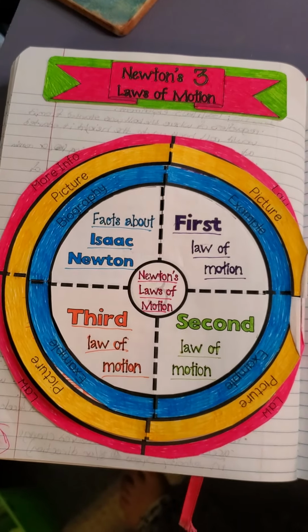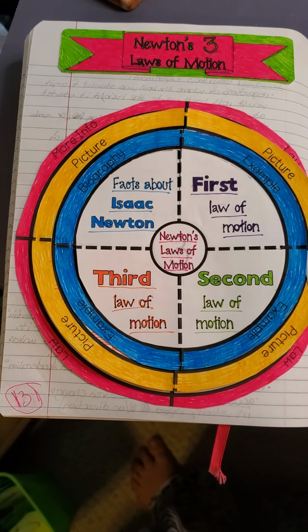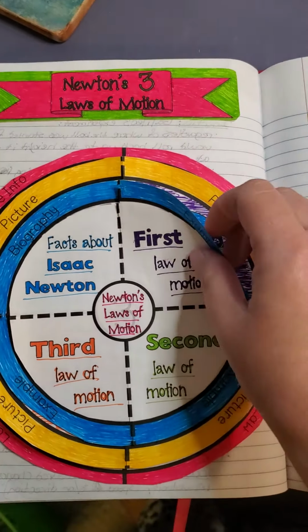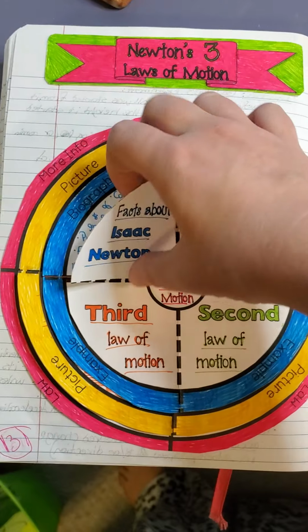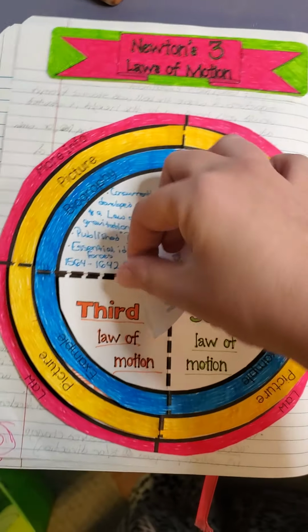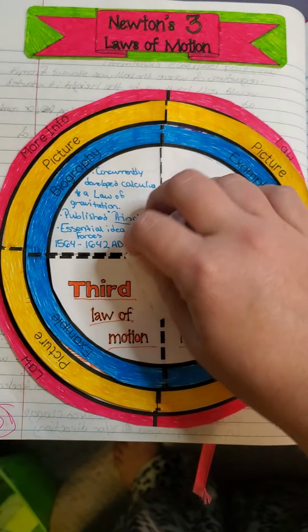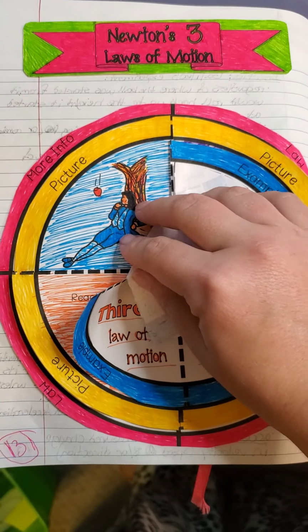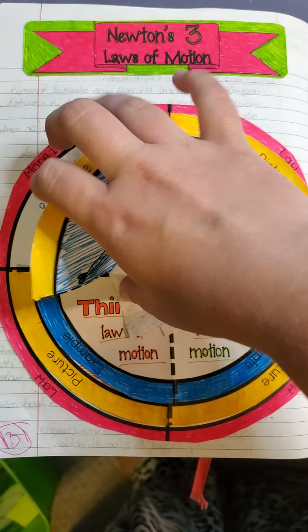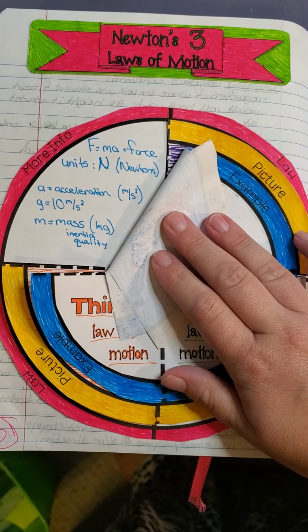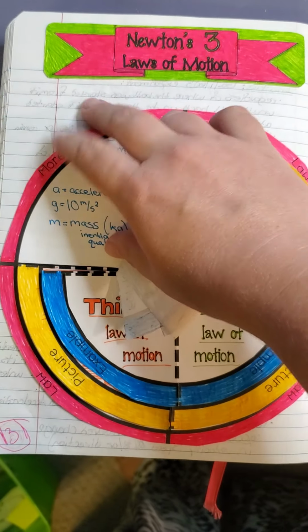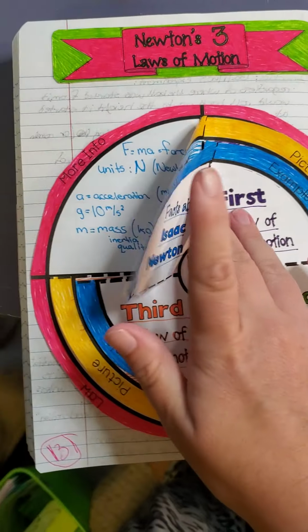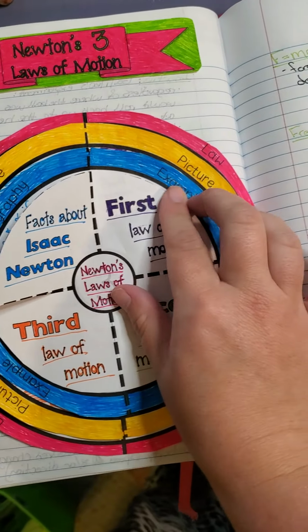Okay, here's Newton's three laws of motion, page 131. So we'll do facts by Isaac Newton first. No, I don't think I had, oh no, okay. It's been a minute since I've done that one, so I couldn't remember.